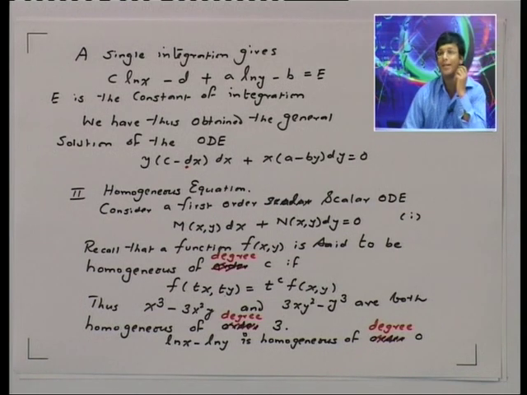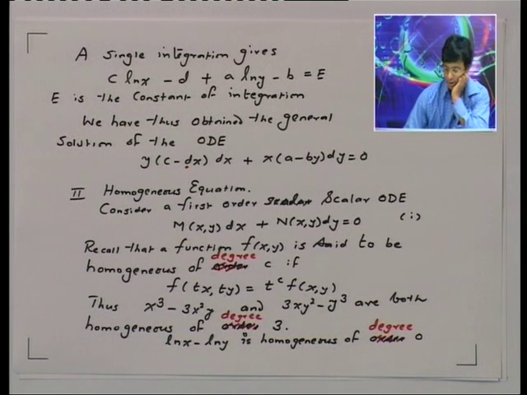What does homogeneity really mean? It means that when you replace x and y by tx and ty, some power of t can be pulled out. That is the definition. Recall that a function f of x, y is said to be homogeneous of degree c if f of tx, ty equals t to the power c times f of x, y, and c is called the degree of homogeneity.